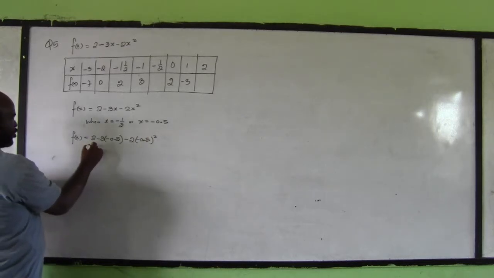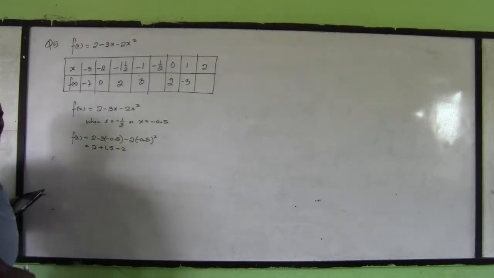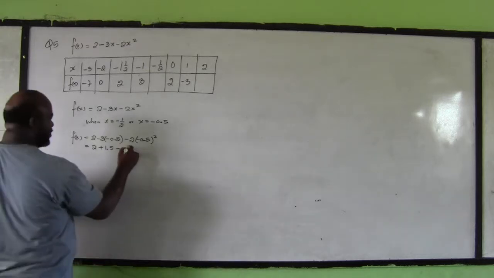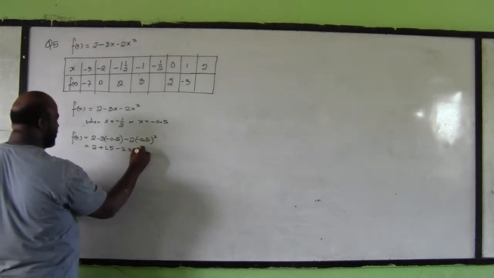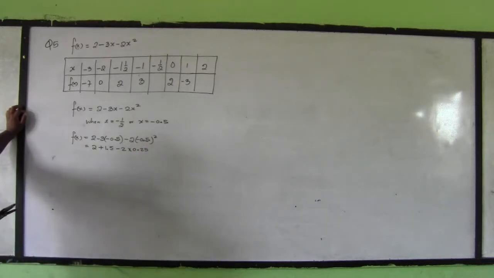This is 2. A negative times a negative is a positive. 3 times a half is 1.5. This is minus 2. What is 0.5 squared? It would be 0.5 times 0.5. Multiply them and see what you get.